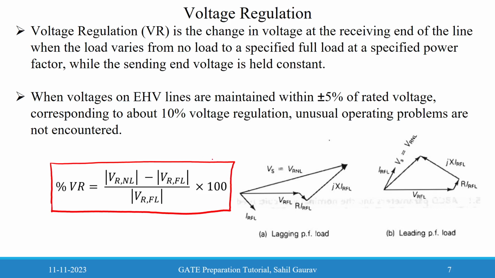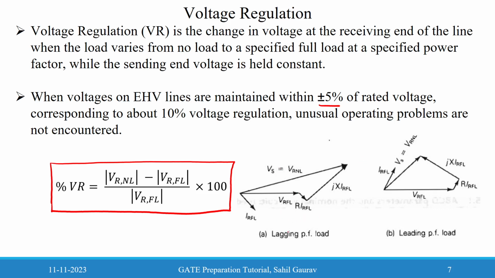And generally we have to consider that the voltage deviation at the bus should be within a tolerance of plus or minus 5% of the rated voltage, which is what we generally take.